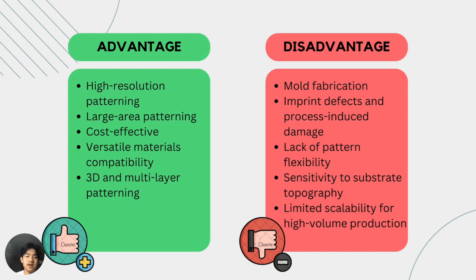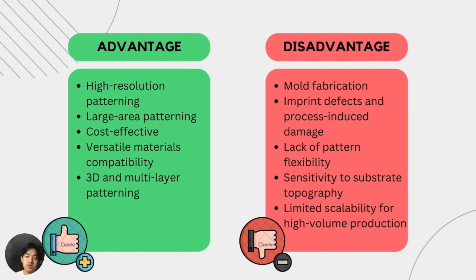The advantages: first one is high resolution patterning. Second one is large area patterning. Third one is cost effectiveness. Fourth one is versatile materials compatibility. And the last one is 3D and multi-layer patterning.